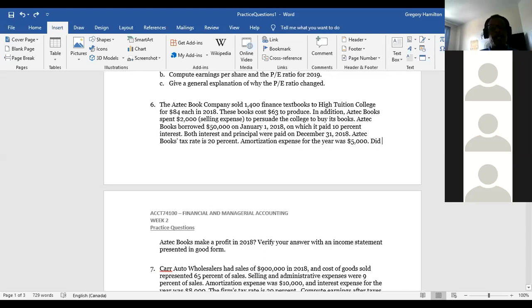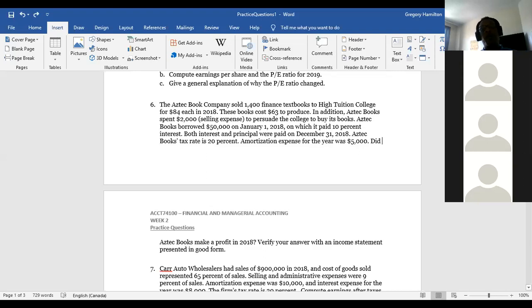So liabilities and assets are in our balance sheet. If we look at two separate periods, say we produce a balance sheet for January 1, then we would have shown a liability of $50,000.